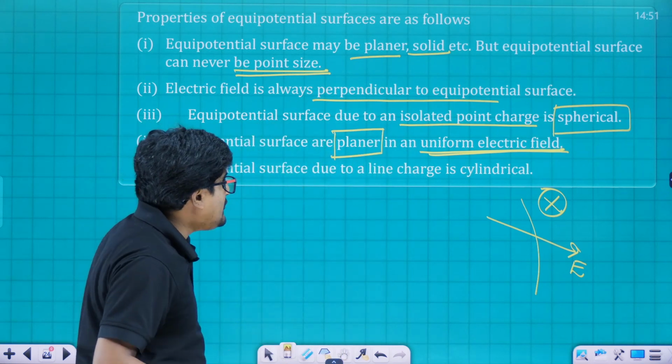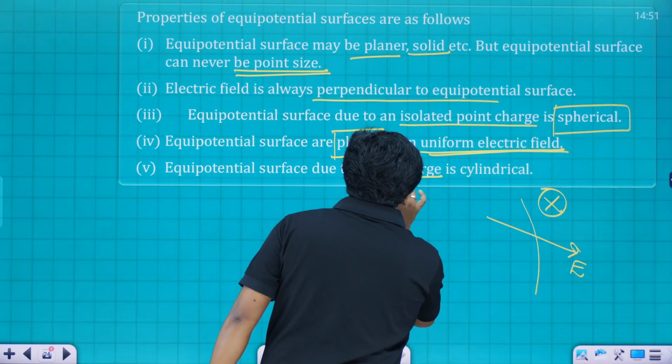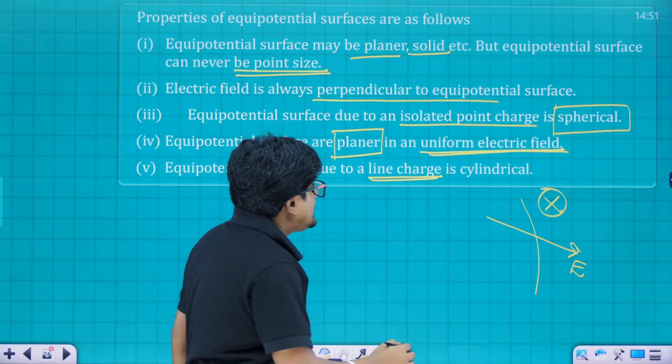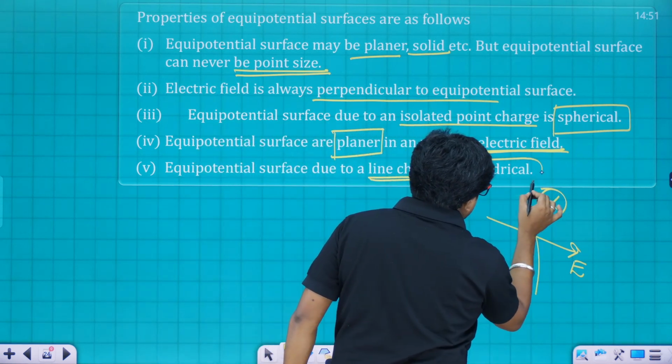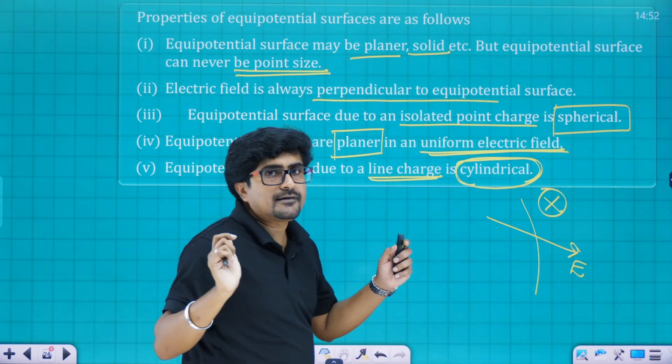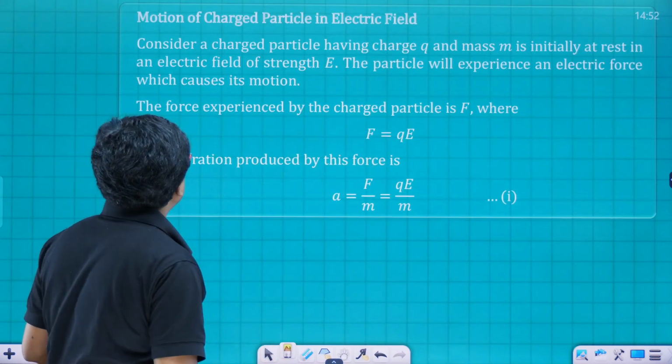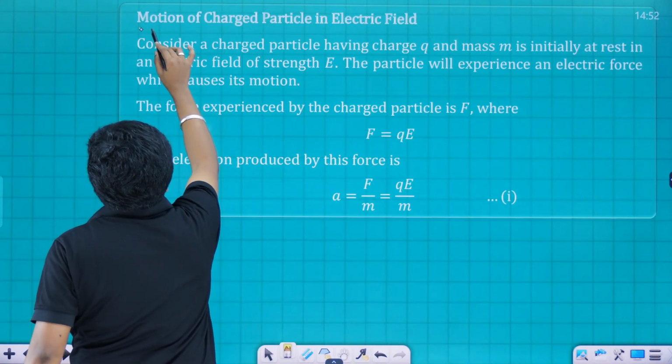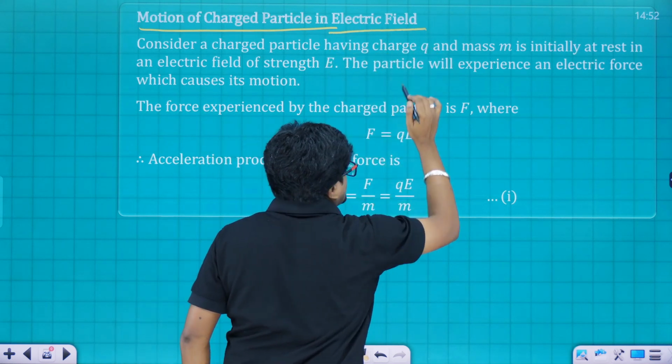And if you have a line charge or linear charge distribution, then the shape of the equipotential surface is going to be cylindrical.